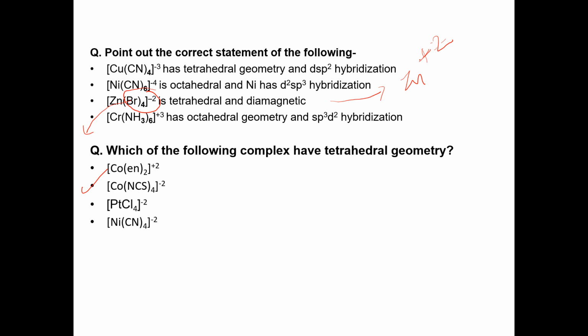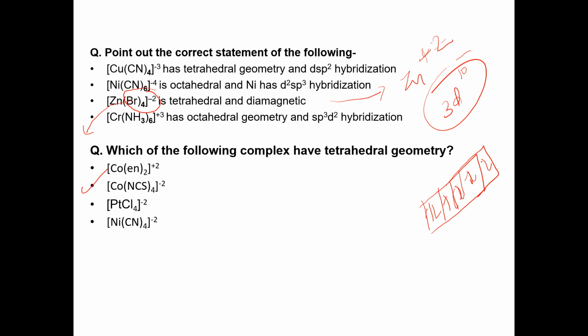And if I write the electronic configuration for zinc plus 2, it will be 3d10. It is diamagnetic, because all electrons are paired up.